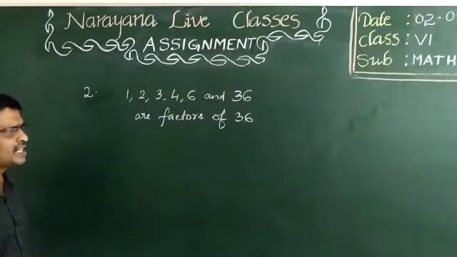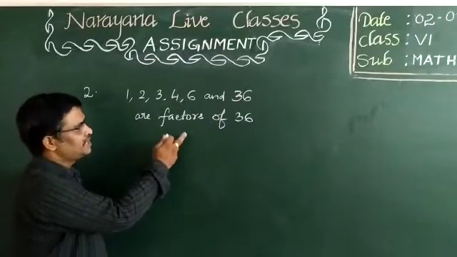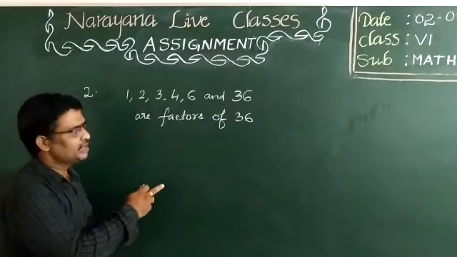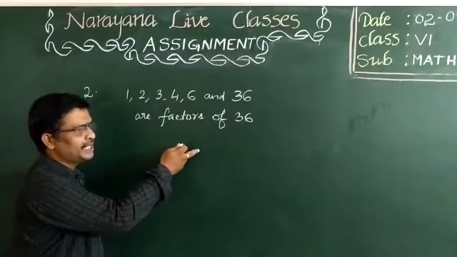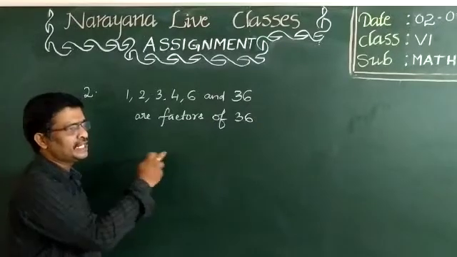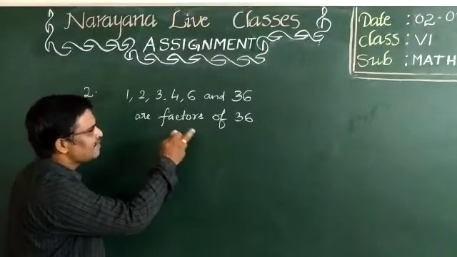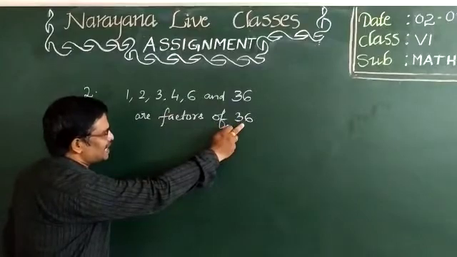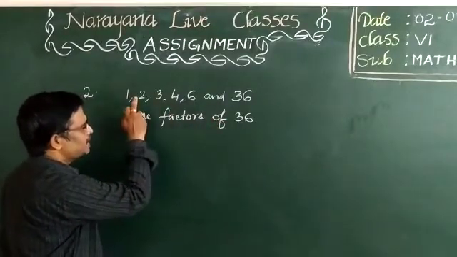What is a factor? Already we discussed in previous classes. A factor means a number which divides the given number completely. What is the meaning of completely? Without leaving any remainder, we can take it as a factor. So now what we have to do is check whether 36 is divisible by 1, and by 2 completely or not.